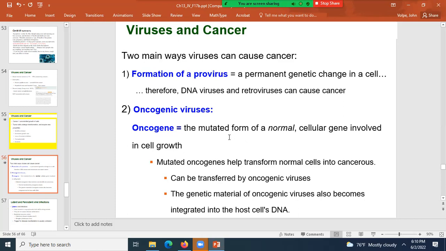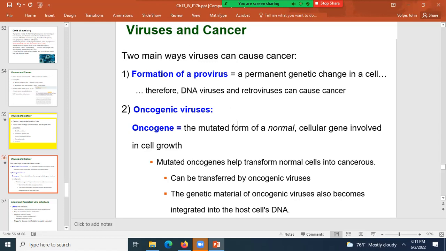That mutated normal gene we call an oncogene. And the virus, when it infects the cell, can cause that cell to start growing abnormally, which can lead to cancer. Any question about any of that?